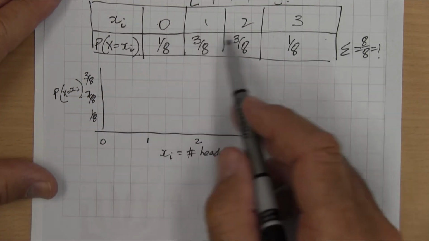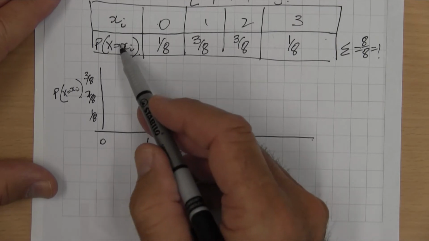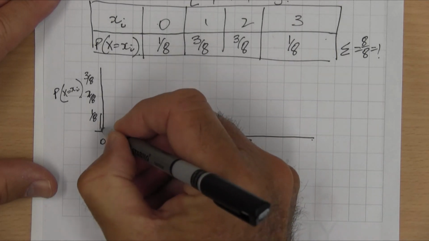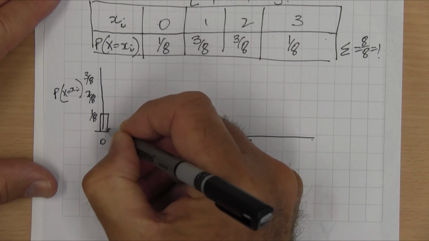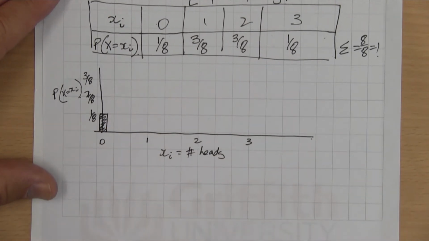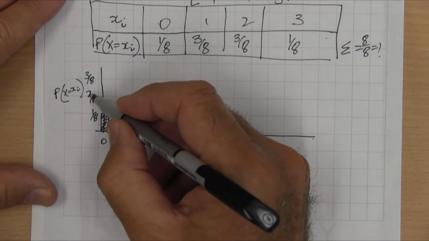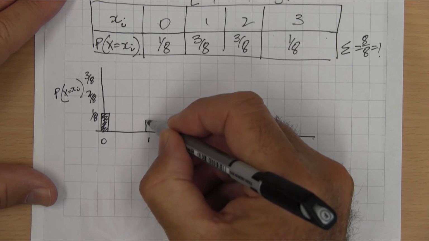So looking at our table up here to graph this, 0 heads is 1 on 8, so if it's going to be a bar diagram, go like that. 1 head is 3 on 8, so we've got 1 8, 2 8, 3 8, so it's going to go up.